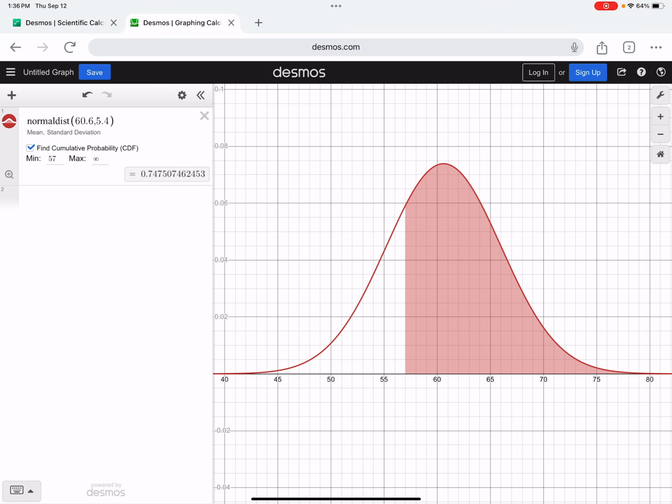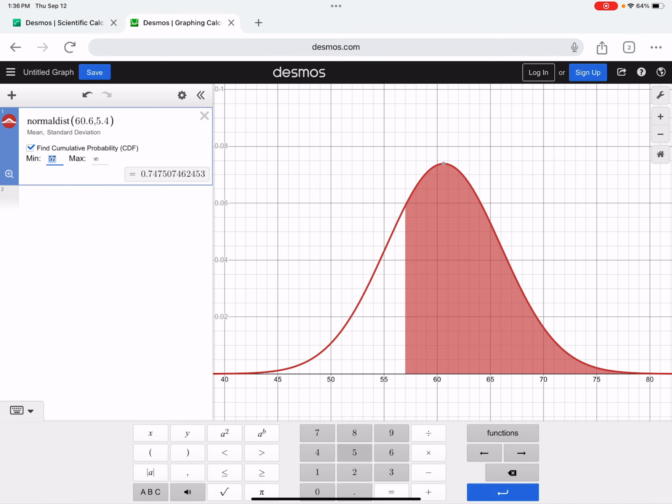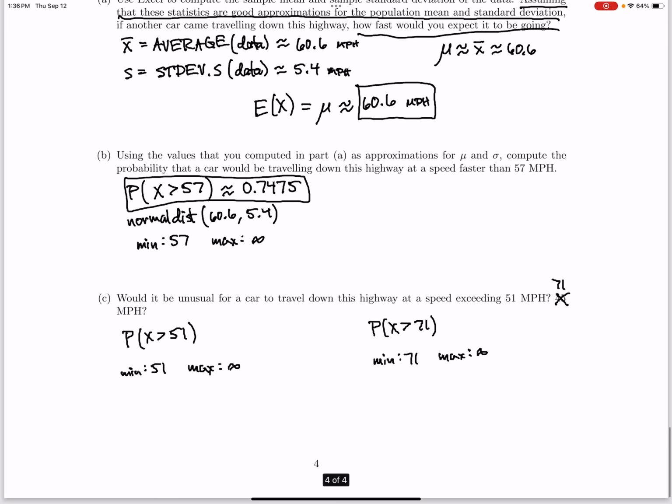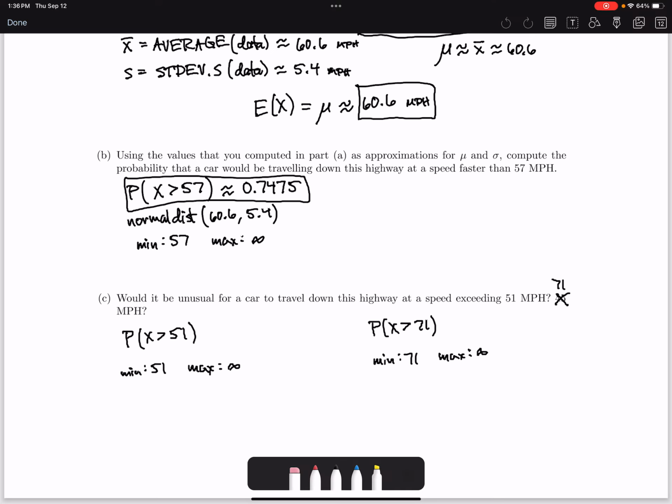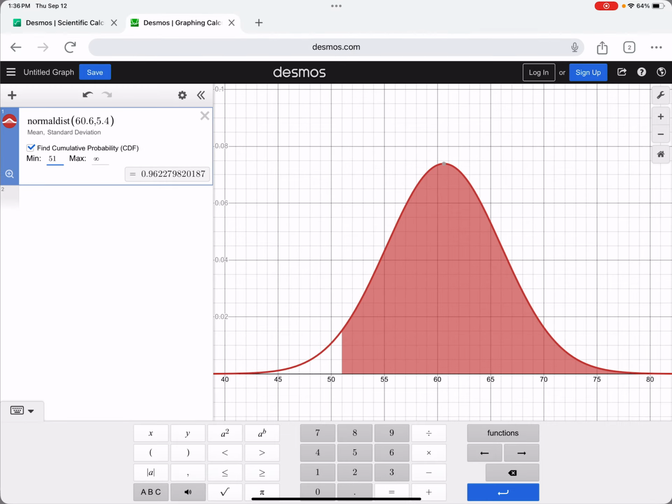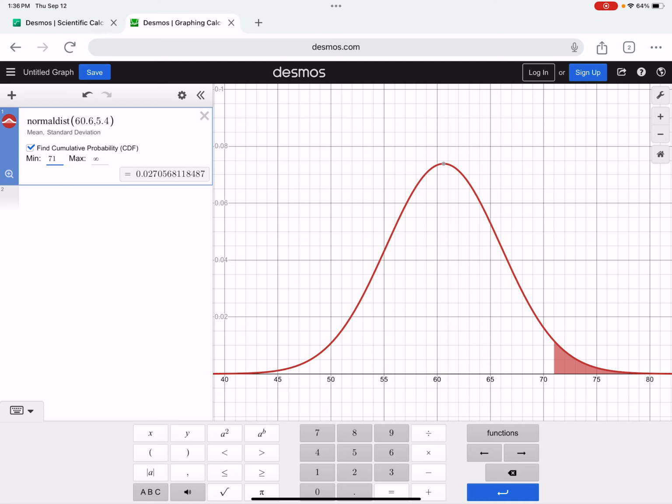So 51. Okay, so that's 0.9623. And for 71, that comes out to 0.0271.